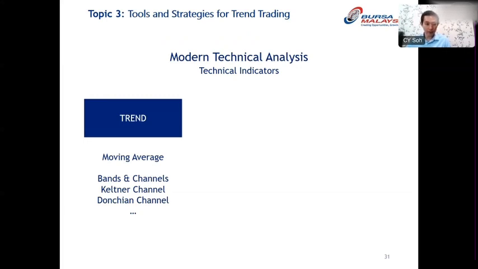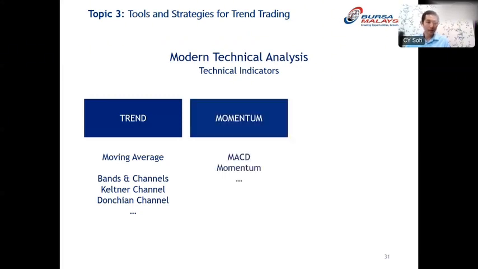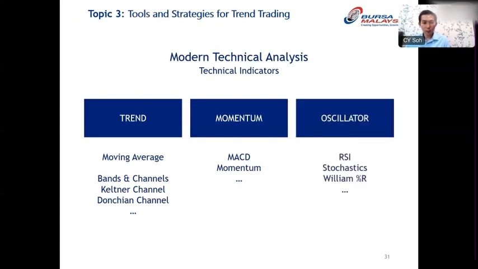We have moving averages, bands and channels like Bollinger Bands, Donchian channel, and more. Another category, which is the momentum category of technical indicators, we have MACD, momentum indicators, and others, as well as oscillators. We have RSI, stochastic, Williams percentage R.